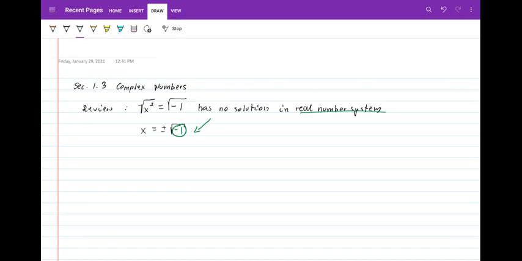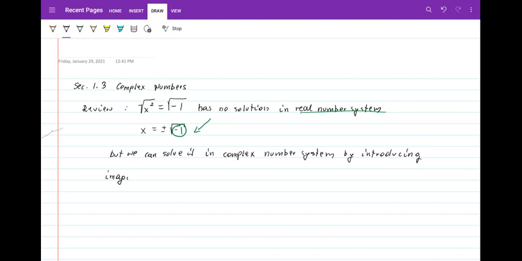However, we can solve this equation in the complex number system. We can solve it by introducing the imaginary unit, I, such that I is equal to the square root of -1.